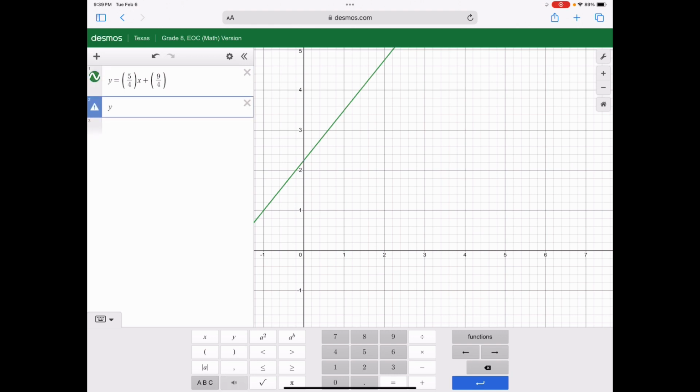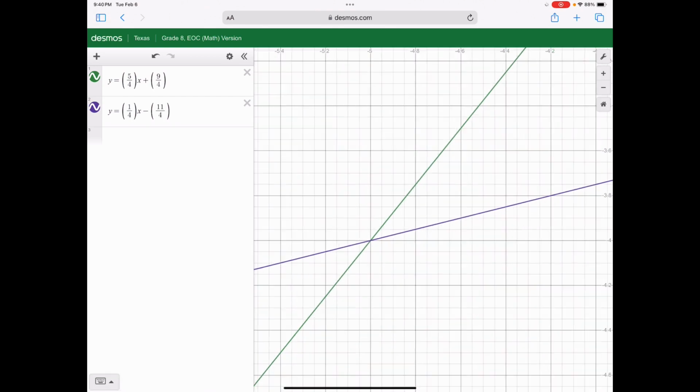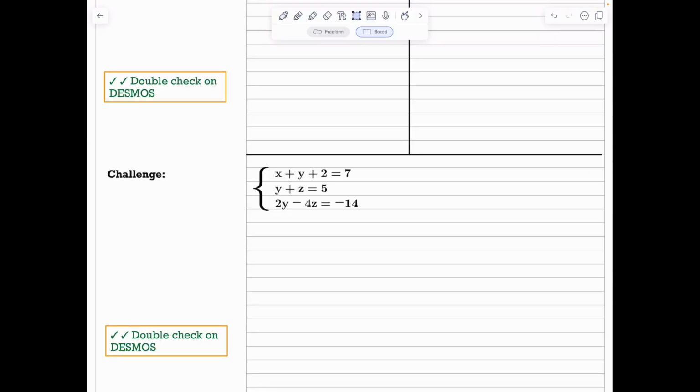Okay, the second equation is a slope of 1/4 minus a y-intercept of 11/4. Wow, you see we got a couple of lines here graphed. We're going to have to move this around in order to find where they come together. So they come together right here at negative 5, negative 4. If you'd like to see the challenge problem, then let's go.